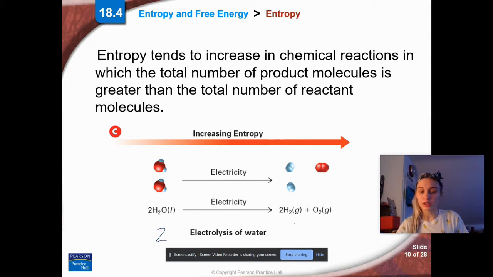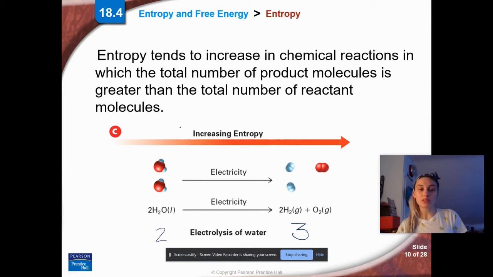You now have 3 molecules here instead of 2. So entropy will increase if you have more molecules in the products than you did in the reactants. So obviously here we have 2 water molecules, and then we're going to 3 molecules total, which is the 2 H2 molecules and then the 1 O2 molecule.